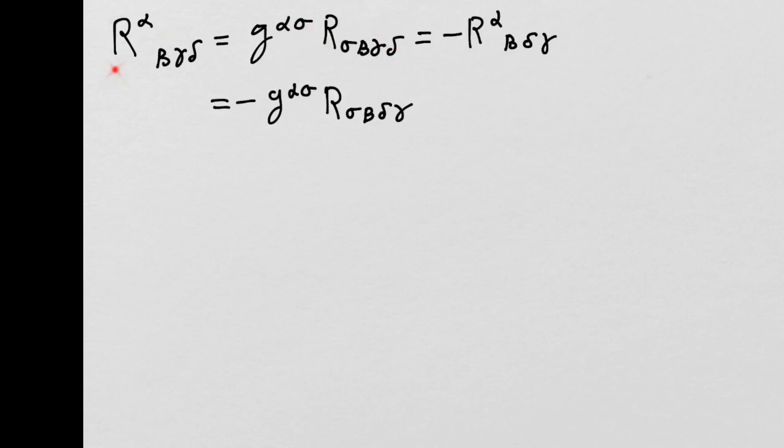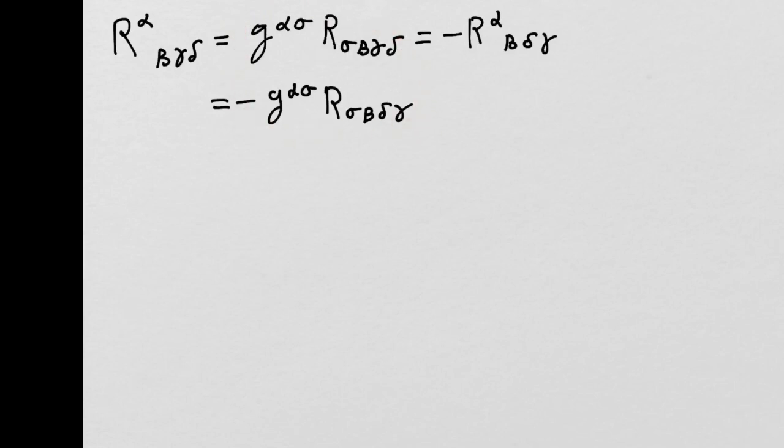This guy identically equals that guy. But this guy identically equals the opposite of itself with these two guys flipped, right? We know that from our first identity, that this mixed tensor is antisymmetric in the last two indices. So now I can write that down. But this is just the raised form of this covariant guy with the last two indices flipped. So then I look at these two, which must be equal.